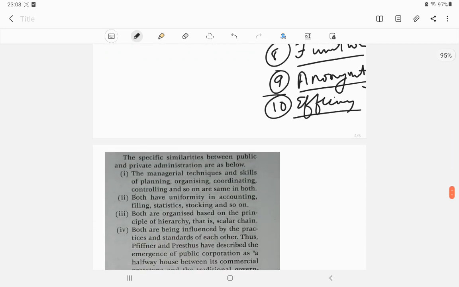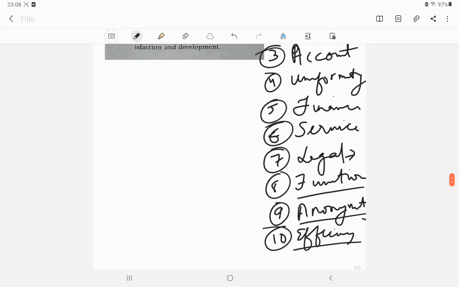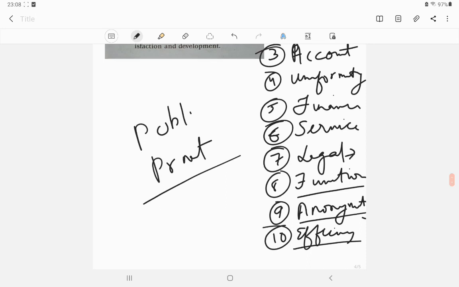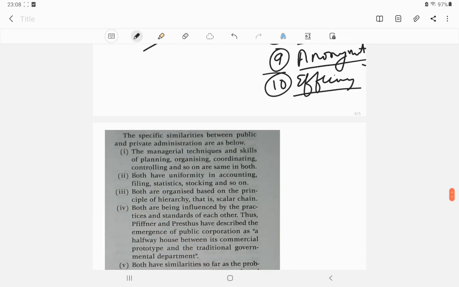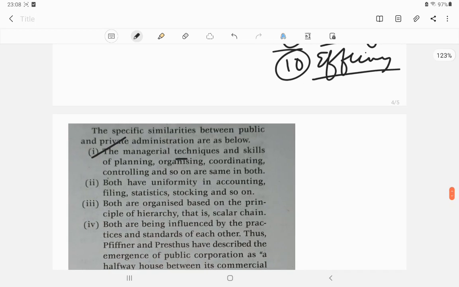That is done. Next, those were the differences between public and private. However, there are also similarities in some places. First, management techniques and skills: planning, organizing, coordinating and controlling are the same in both.